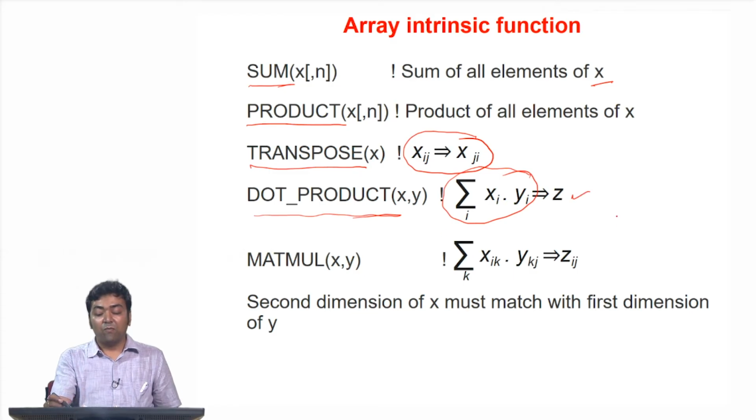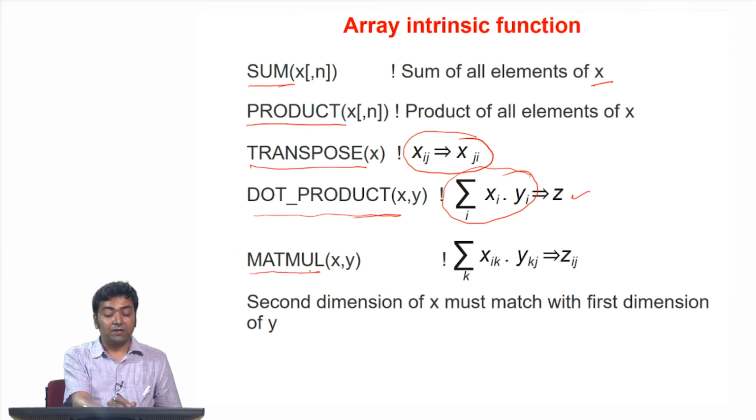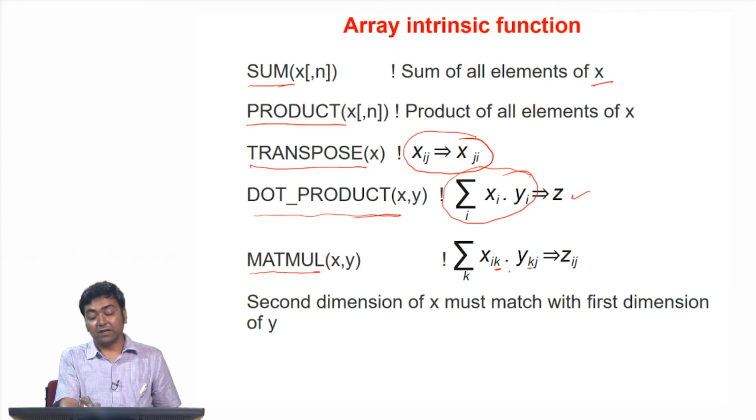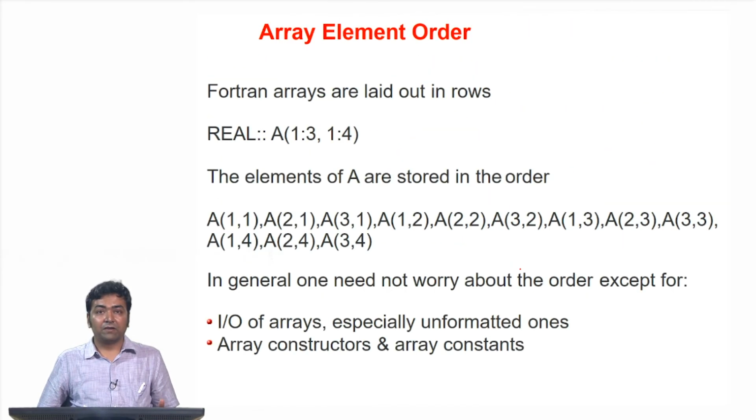You can also do multiplications between two matrices or two arrays using the matmul intrinsic function, but one should be careful that the second dimension of x and the first dimension of y match. This is again similar to vector algebra.